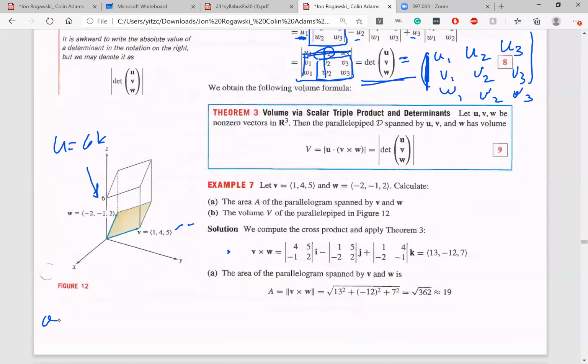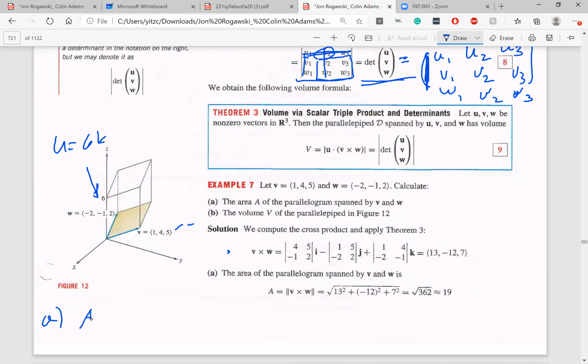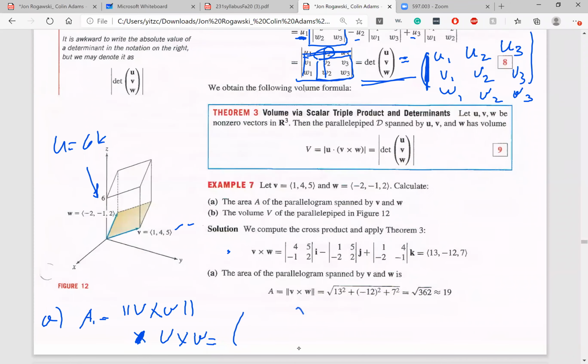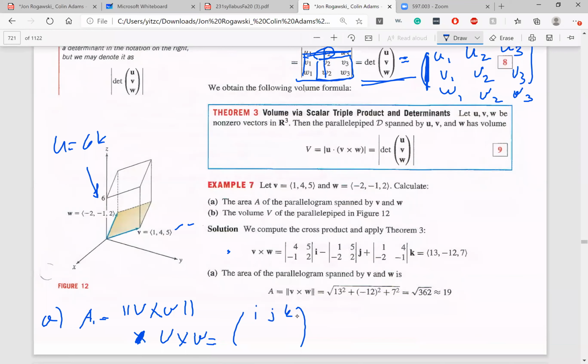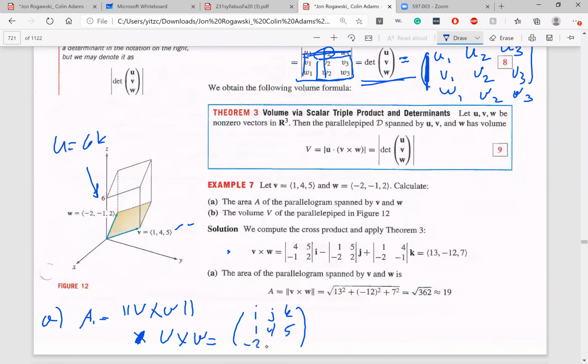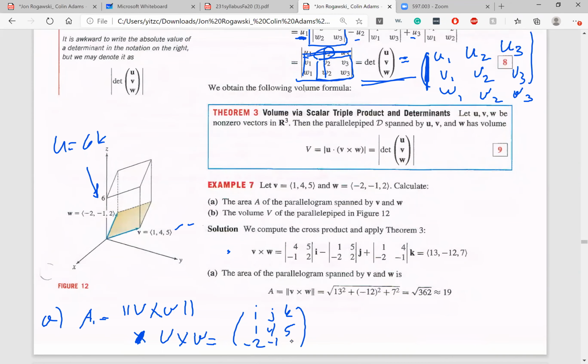Let's first do the first one. For A, we know that the area, A1, is going to be equal to the magnitude of V cross W. The V cross W is going to be equal to the determinant with i, j, k, then 1, 4, 5, and -2, -1, 2.